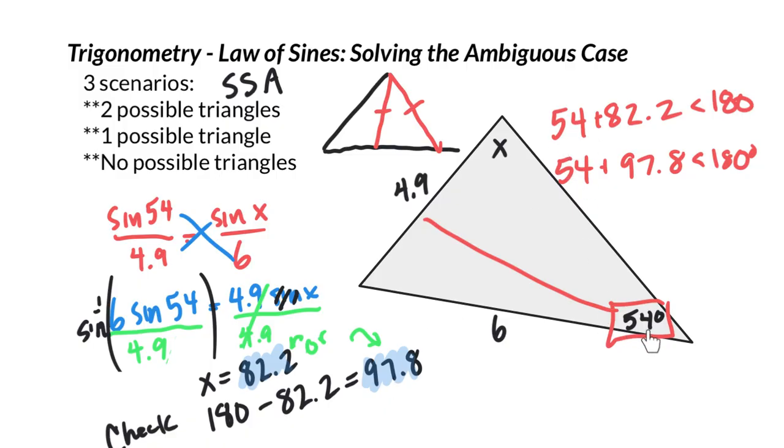You'll say, okay, I was given this. If I added the two possible scenarios, do I come in less than 180, meaning I still have some angle left for this? And if only one of them works, then you had one possible triangle. Two possible triangles means you have those two numbers, and they both, when added to the known angle, return less than 180. So it's a lot of work, law of sines, to verify everything.